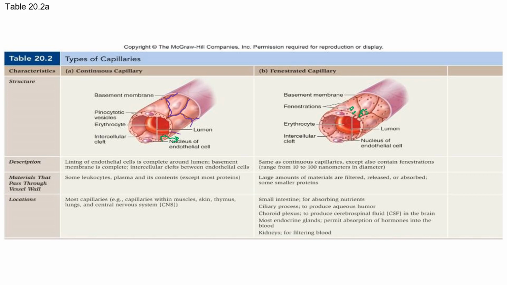They're still much too small to allow individual cells to travel through, but bits of fluid containing nutrients can travel through. The small intestine is an example of this for absorbing nutrients. The kidneys for filtering blood. Most endocrine glands, to permit hormones to be absorbed into the blood from the endocrine gland.